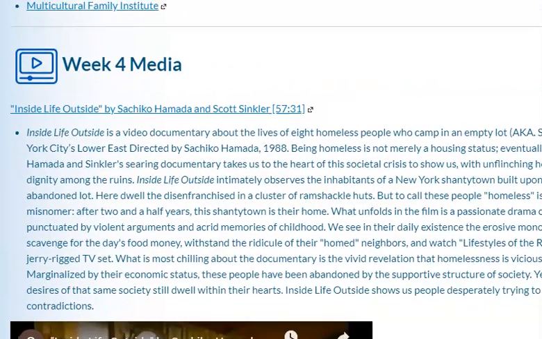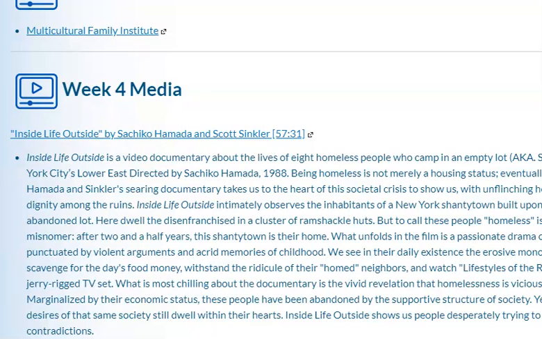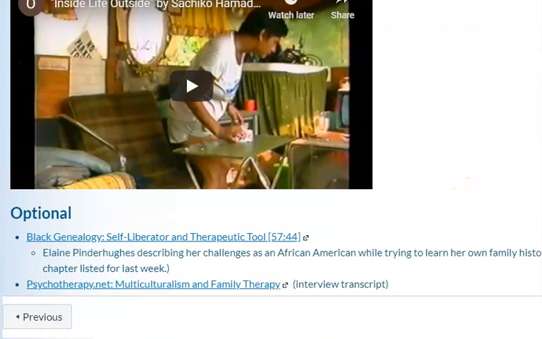The goal is to get us to think about working with families who are different than the families that have often been depicted with 2 parents, 2 children, and so this depicts a different look at families and what you would do as a social worker if you were working with these family groups. There's some optional work as well, resources as well.